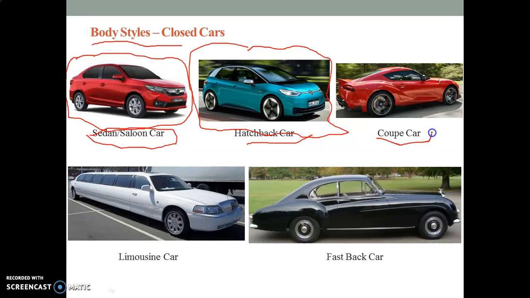Next are coupe cars. In these cars there is generally only one row of seats for two persons. If we compare it with saloon cars, those have a capacity of a minimum of 5 people in 2 rows: in the first row 2 people and in the last row a maximum of 3 people.